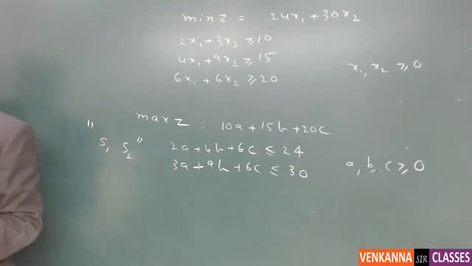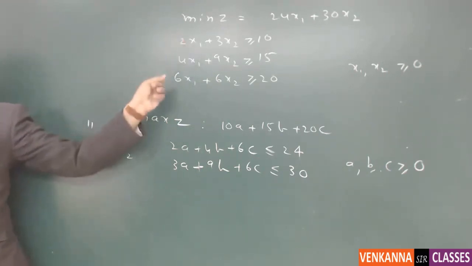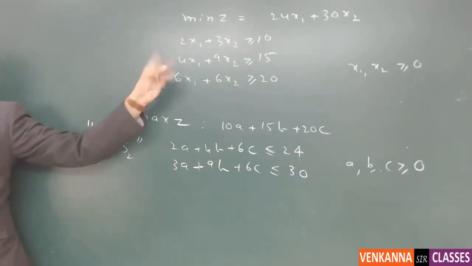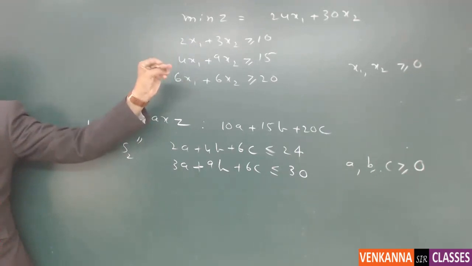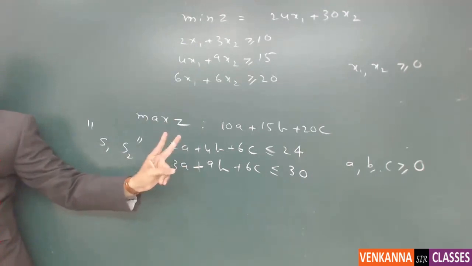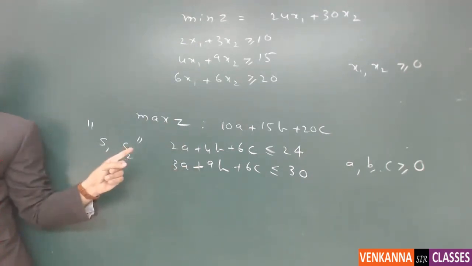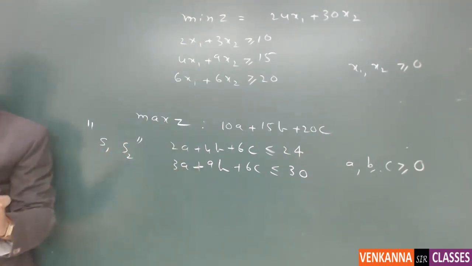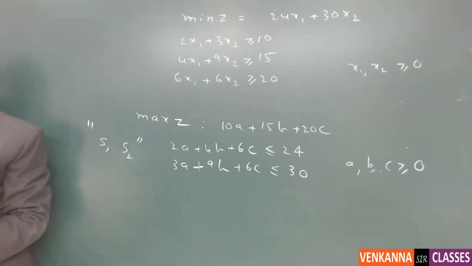So that you can understand that there you are performing the solution by introducing three variables A1, A2, A3. Here you are performing the solution by simply taking only two variables S1 and S2. Now see how much reduction is there in the computational procedure. Accepted or not? All of you agree for this?